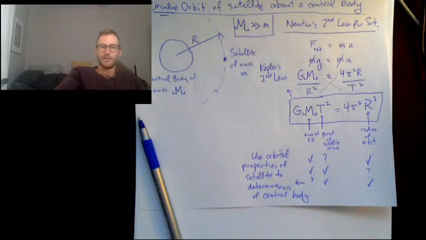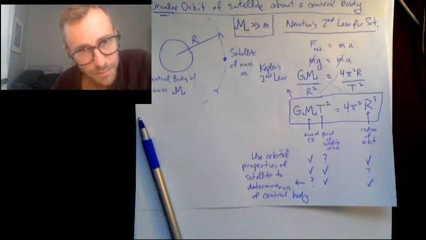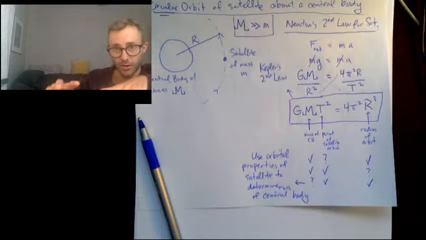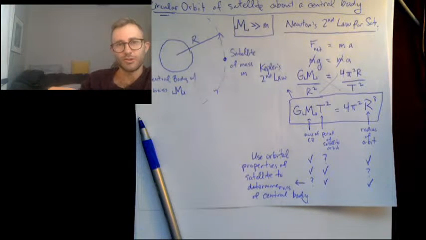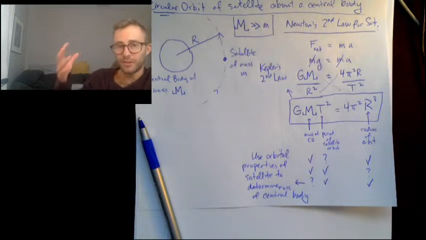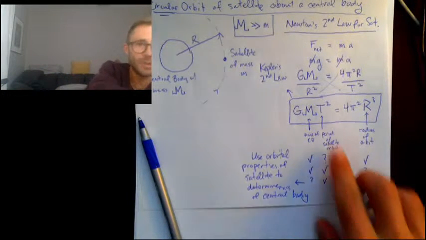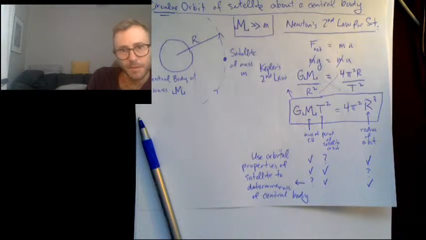Okay? One thing that's really interesting is this is actually how we've determined the existence of black holes. Okay? So if we look to the center of our galaxy, there's a region where stars, not planets, but stars are orbiting a region of space. So the stars are the satellite, okay? We look at the radius of the star's orbit, we look at the period of the star's orbit, and we determine the mass of the central body, okay?